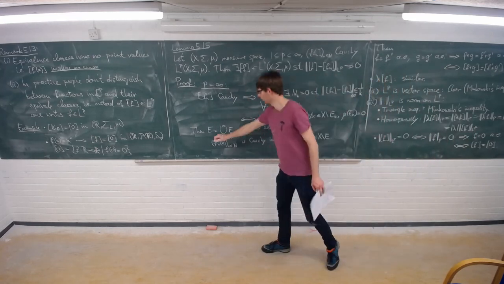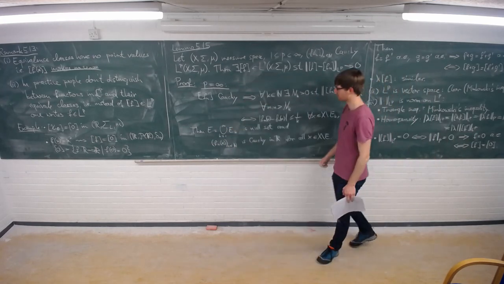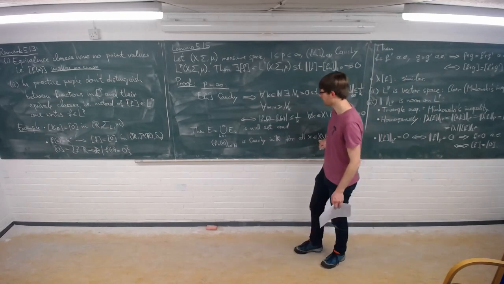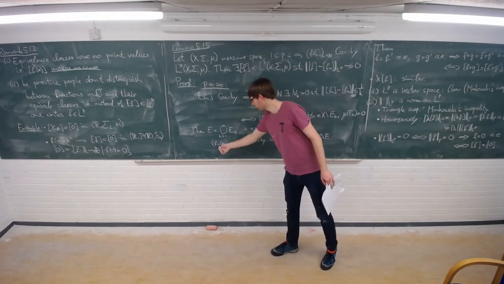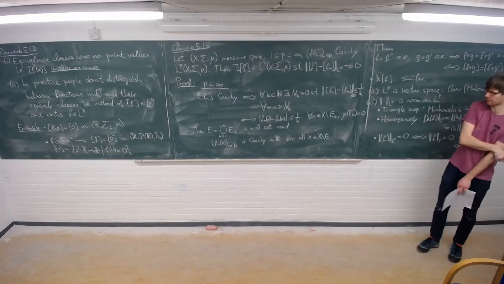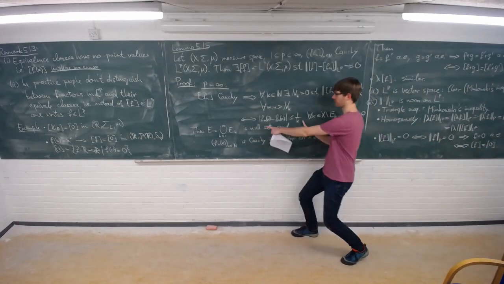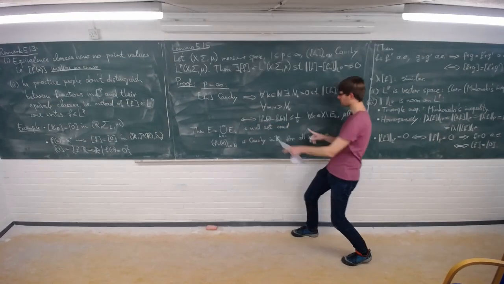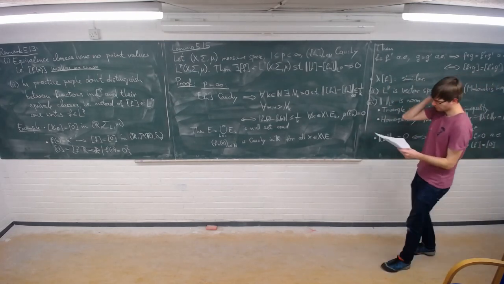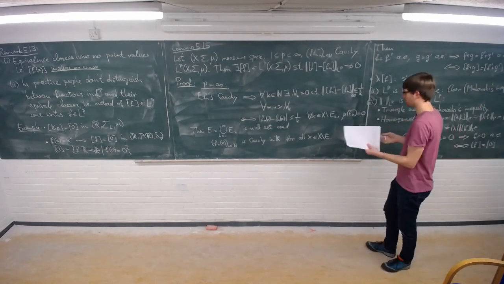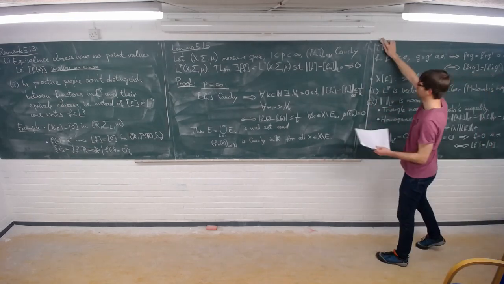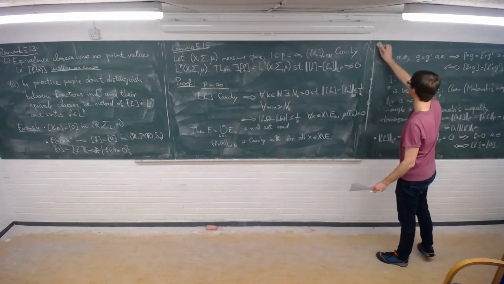Then we take the union of all these null sets, remove it from X, and then for all the remaining points, Fn of x pointwise is a Cauchy sequence in R because it satisfies this. Okay, and we know that the real numbers are complete, so in R, this sequence has a limit.